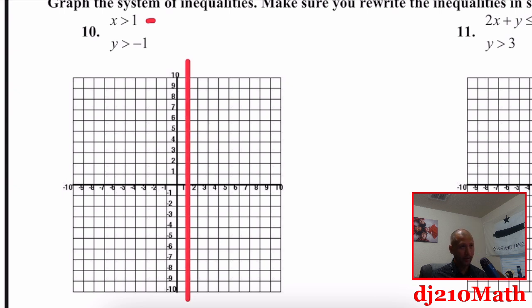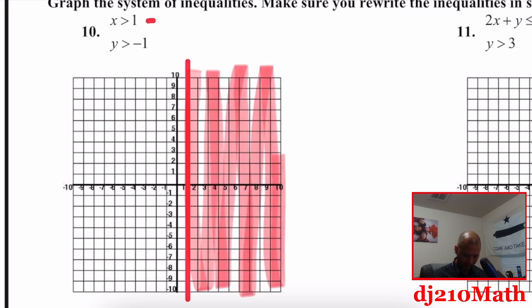And we want all the x's greater than 1. So it's to the right. Okay. For the other equation, y greater than -1. So that's a horizontal line through -1.